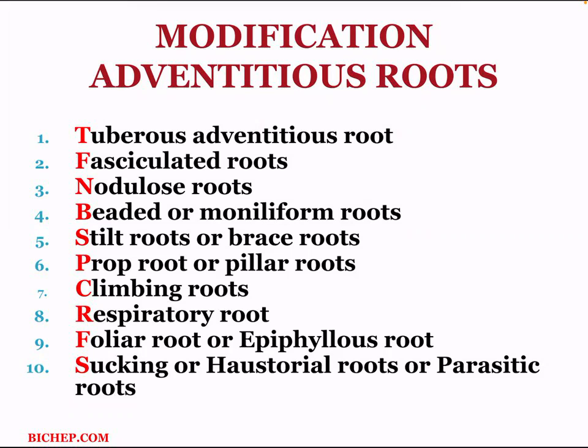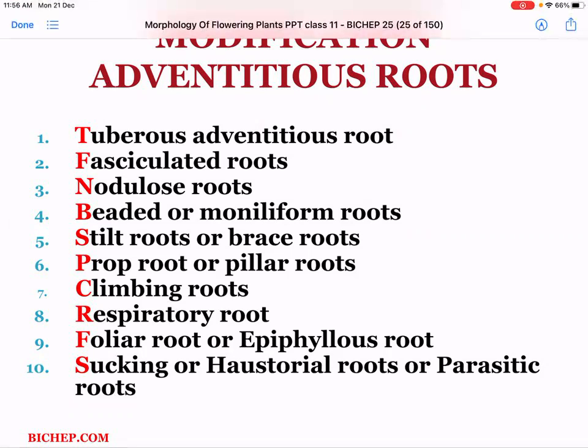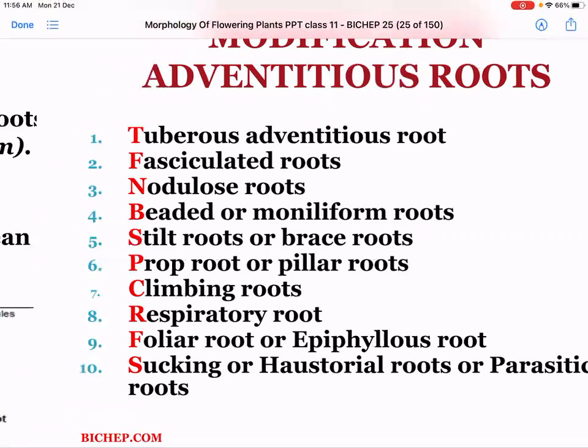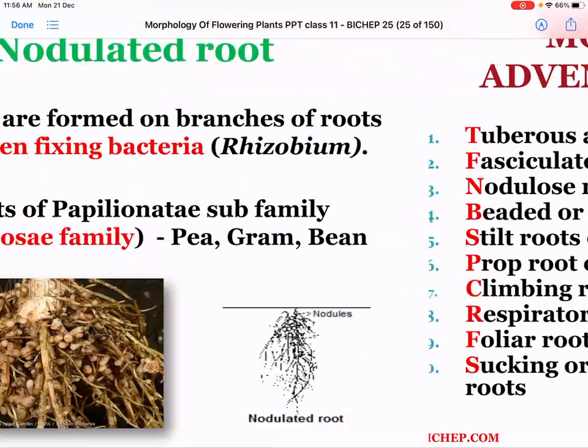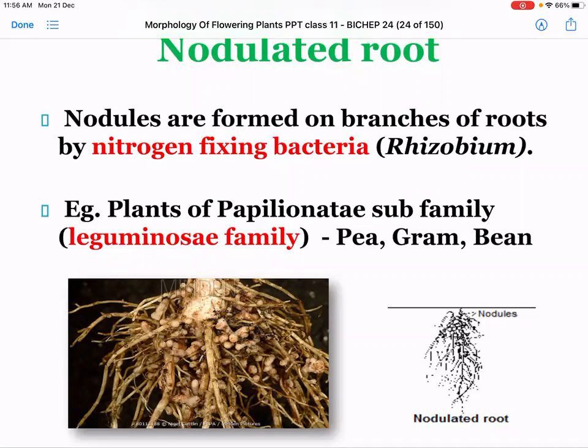In this lecture it may not be possible to cover all of them, so we are stopping the lecture with these four basic types of primary root system, the taproot system, only.